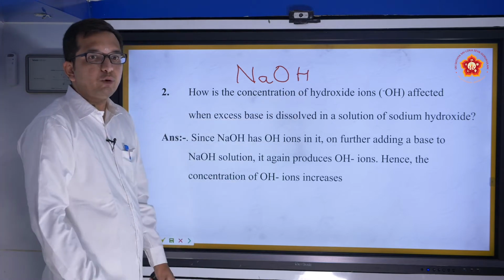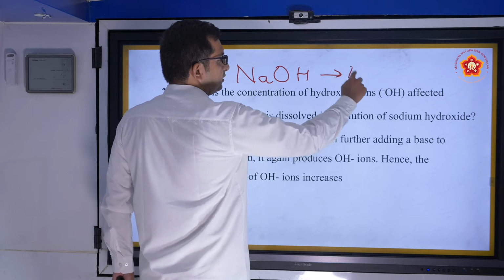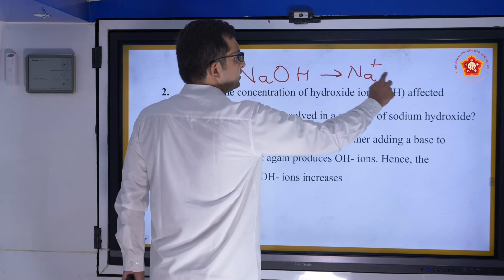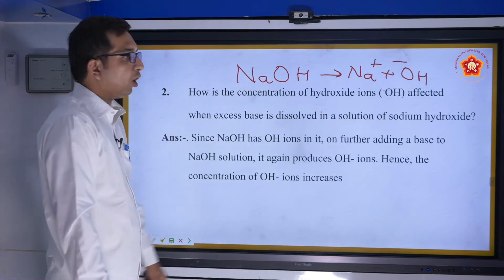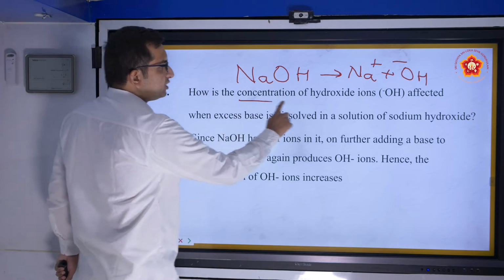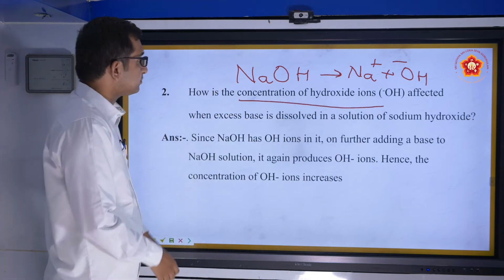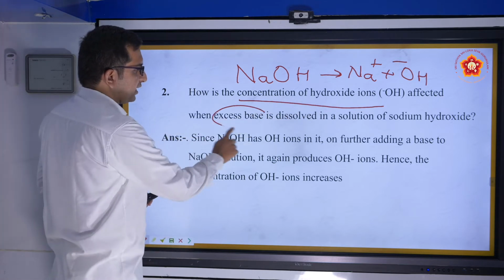Now in this NaOH system, when you dissociate it, if I believe this is a strong base, I am already getting a production of OH minus. Now what is the question? How is the concentration of hydroxide ion affected when some more base is added?